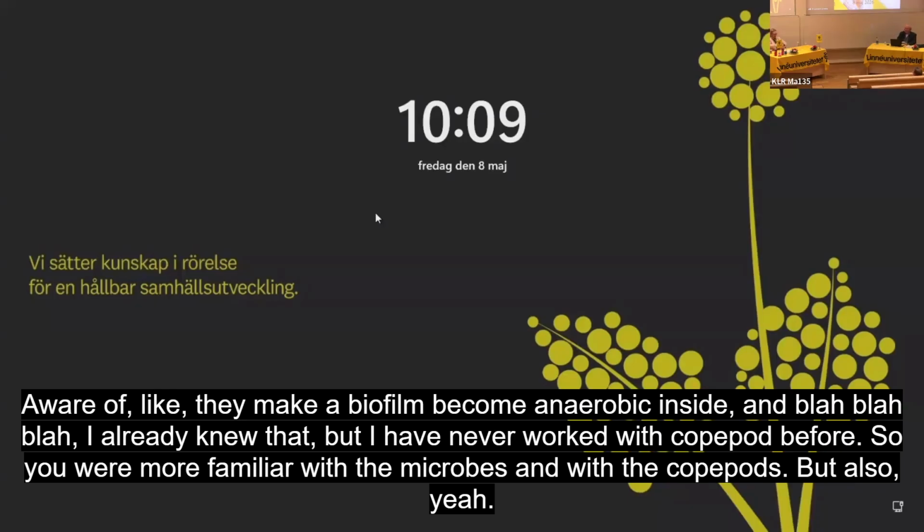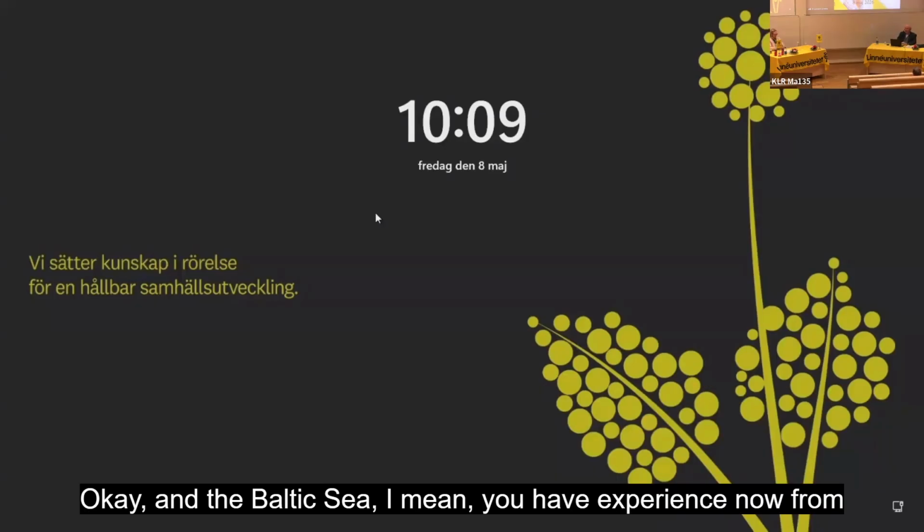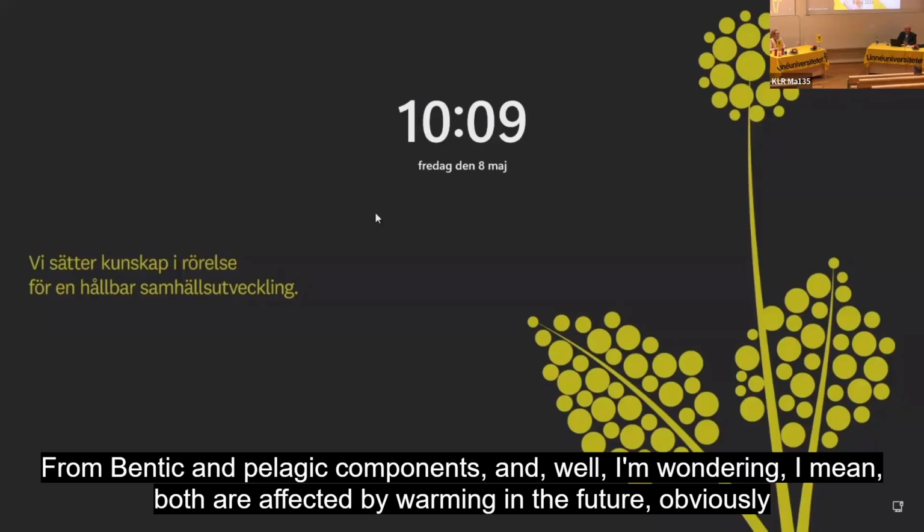And the Baltic Sea, you have experience now from benthic and pelagic components. Both are affected by warming in the future, obviously.